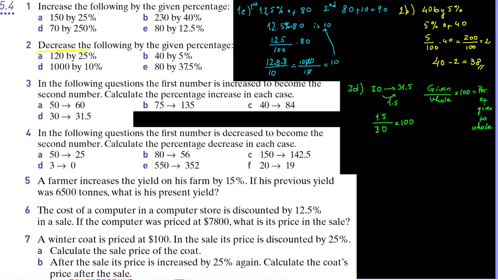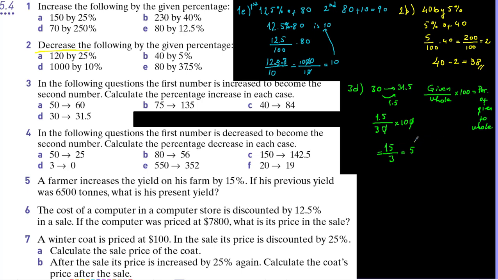Okay, so what is the percent of 1.5 to 30? We are finding it like this. We are going to simplify this one and this one. It's easy for us because at the numerator it is 1.5 times 10, which is equal to 15. 15 over 3 it has to be. Then we continue with 15 over 3, which is equal to 5.